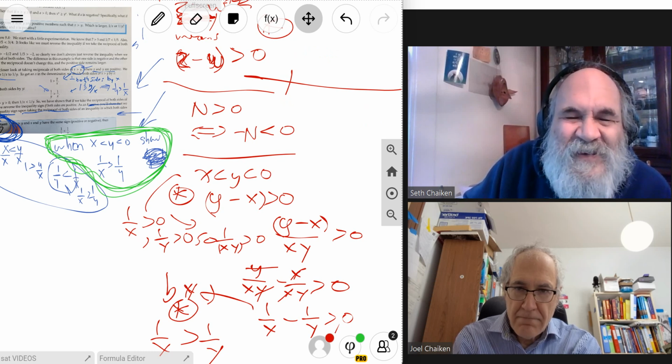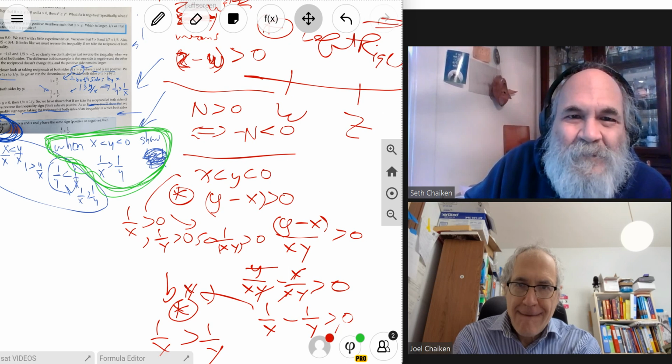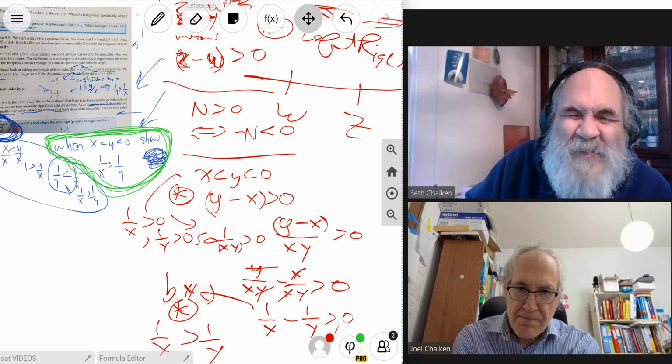If Z is to the right of W, this means Z minus W is positive, which means that Z is greater than W. So if Z is to the right of W, we want Z to be bigger than W. Z to the right of W means when you go from W to Z, you go to the right, you take Z, subtract W, you get a positive number.